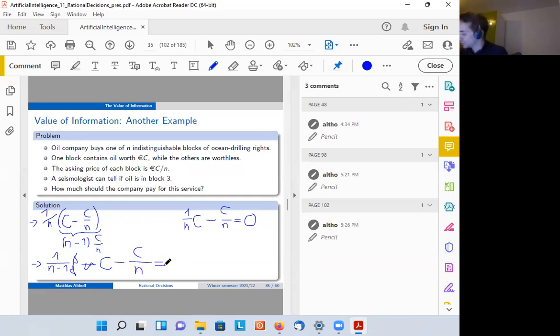And if you rearrange this, you get C over n times n minus 1.